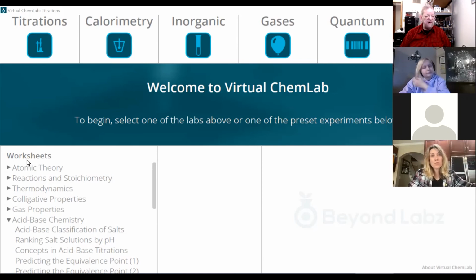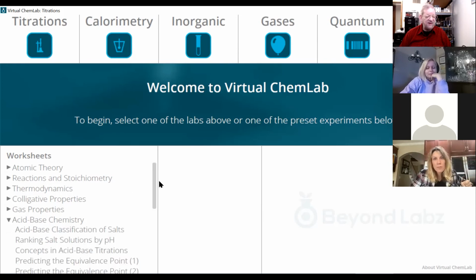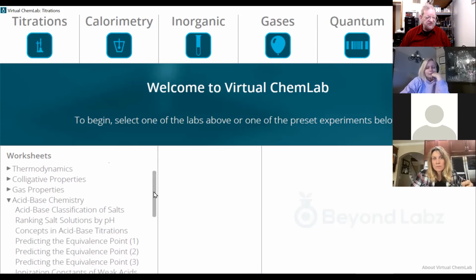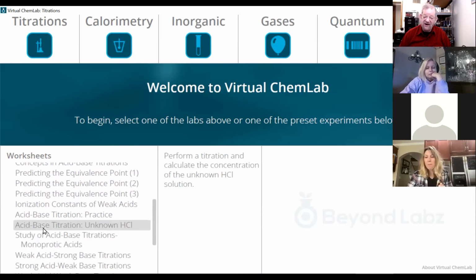Where it says worksheets on the left, if you scroll down, you'll see acid-base chemistry. Click on that. Oh, look, a whole bunch of choices. Scroll down until you see acid-base titration of an unknown HCl solution.